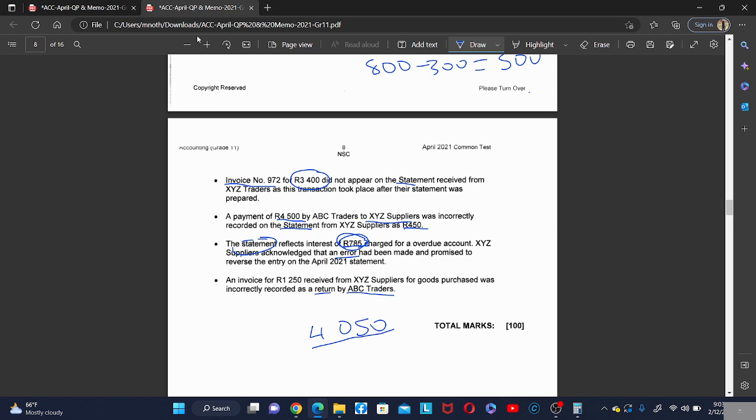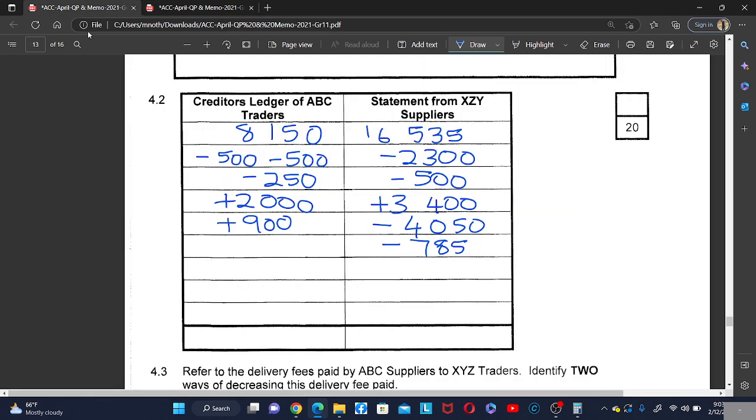So we need to go and add this. So it's a plus 1,250, plus 1,250. The first one, we are adding the one that we subtracted for the return, and then the next one, we are adding the one that we are supposed to add.